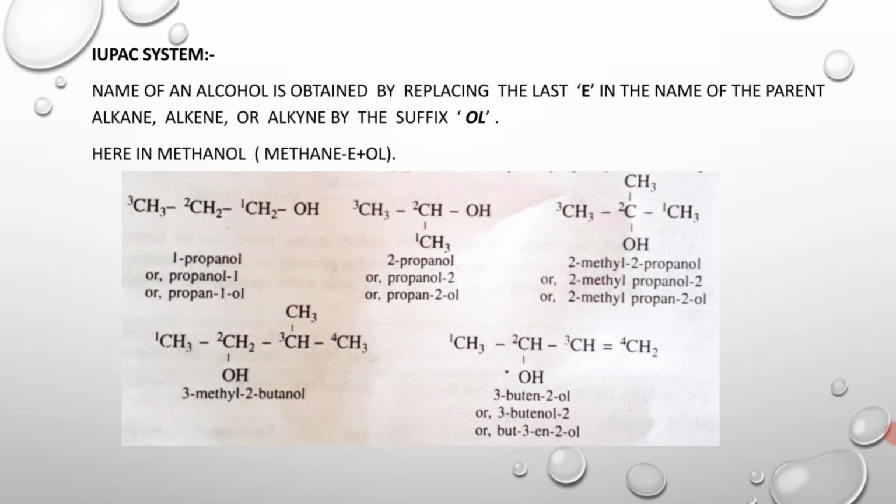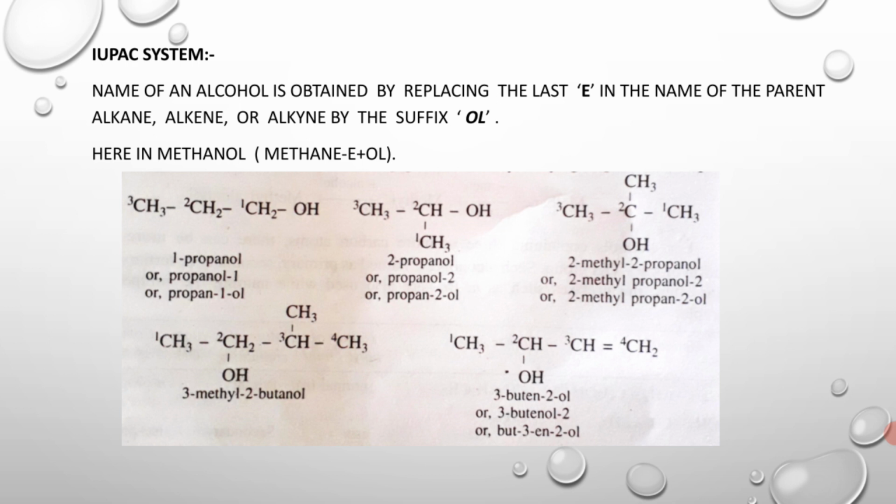After that, the positions of the side chain and the hydroxyl group are indicated by natural numbers, with the lowest possible number being given to the hydroxyl group.